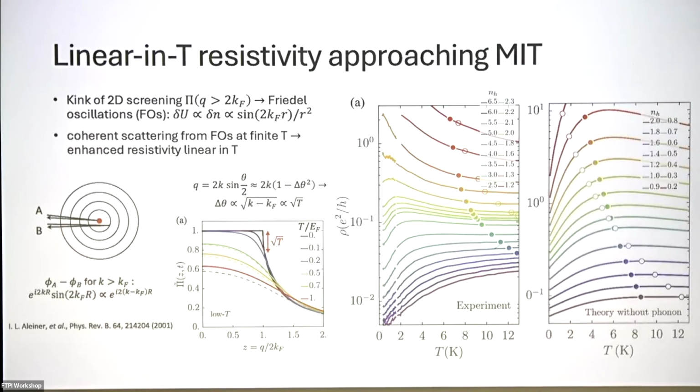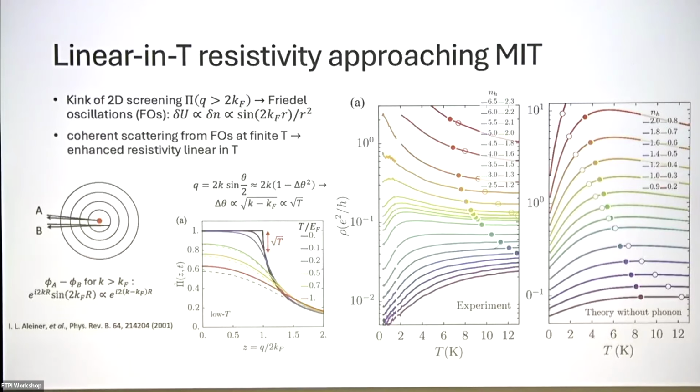So if I do this kind of calculation theoretically, this is my theoretical result. You can see that there's a linear in T temperature dependence of the resistivity, but as the temperature goes to the E Fermi, the electrons become more like a classical gas.